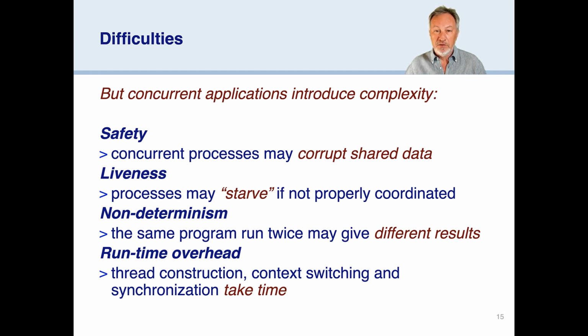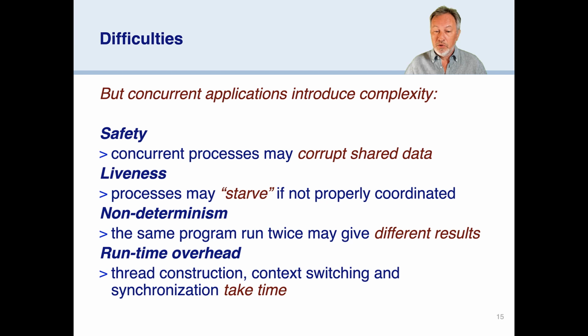In some cases, we want to be sure that no matter how many times we run the program, we always get the same result. On the other hand, particularly if we're simulating the real world, we may in fact want non-determinism. And we want to make sure that if we run the program multiple times, we don't always get the same result. So it's not simply a case that non-determinism is bad. It may be good in certain cases, particularly if we're trying to really model randomness.